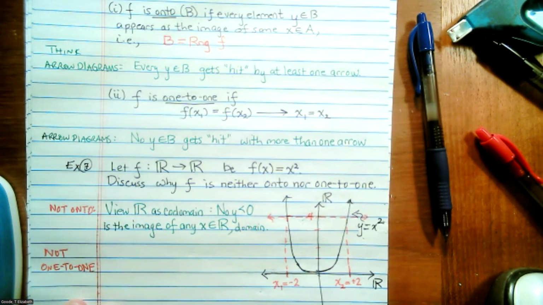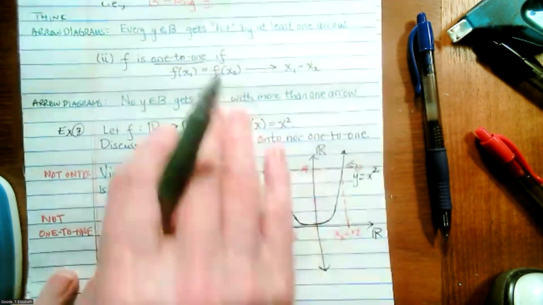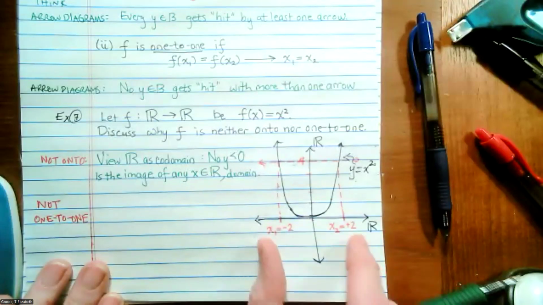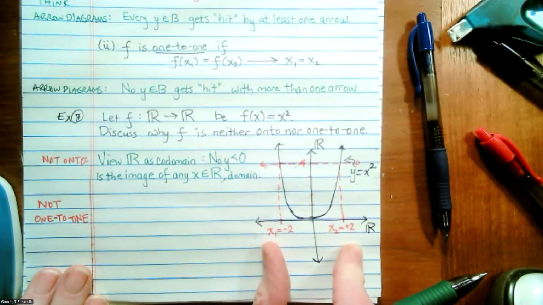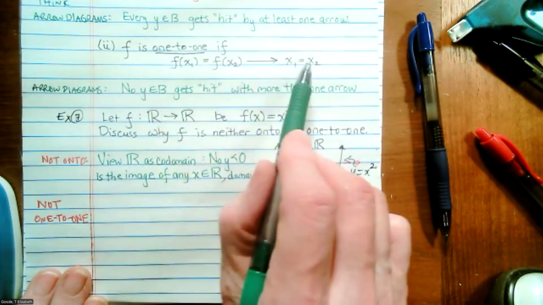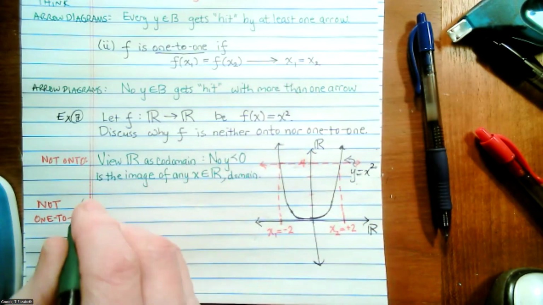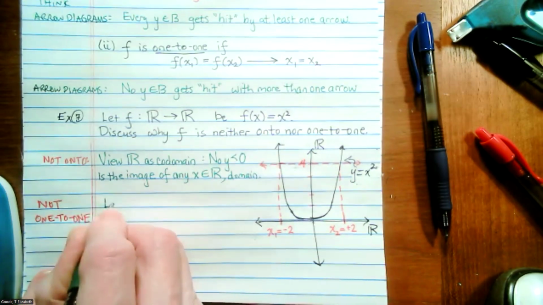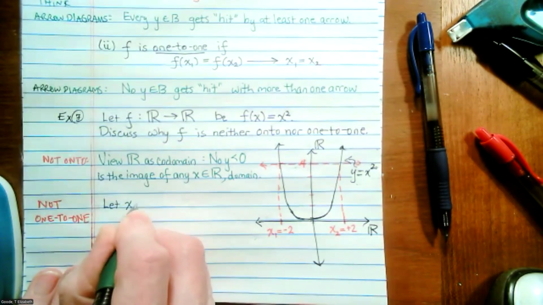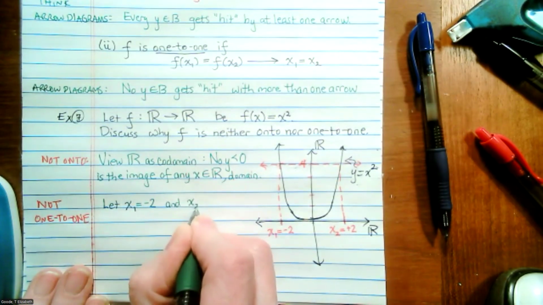So to argue that this function is not one-to-one, we're just going to grab a couple of x values that map to the same y value. And then we're going to show that the negation of this definition of one-to-one is what is satisfied with our choices. So let's let x1 equal -2 and x2 equal +2.